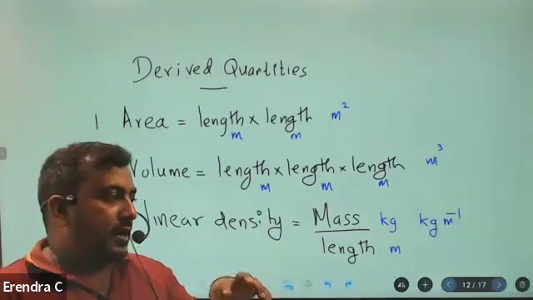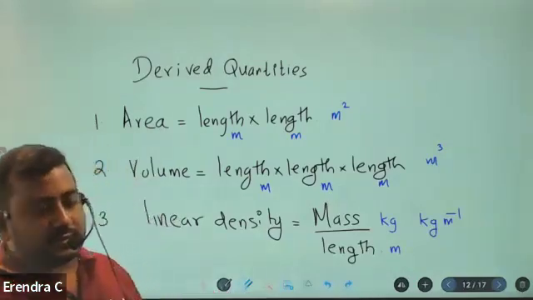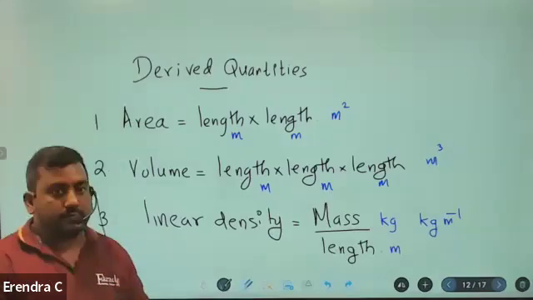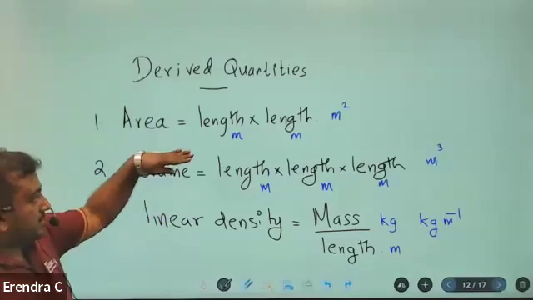They are called derived quantities. Right, start.